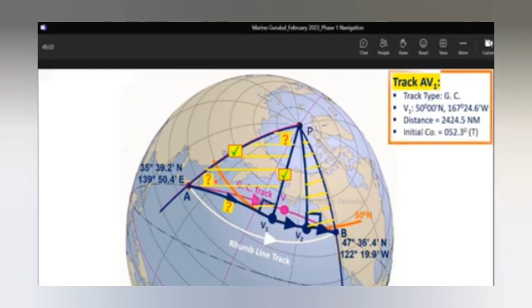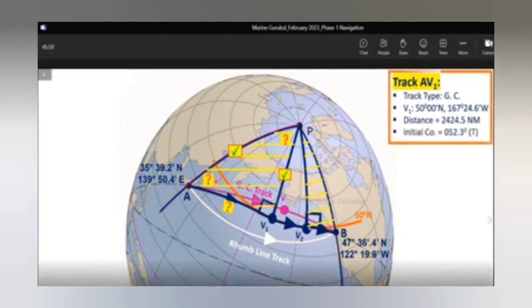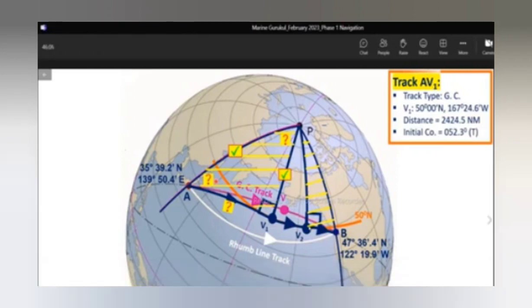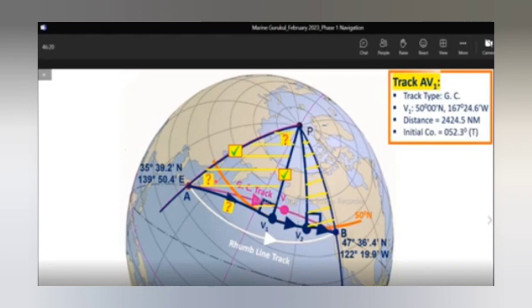Exactly the same way. So beta, you see we have applied Napier's rule in triangle P A V1, and using Napier's rule, two parts known to us, we can find out all the other parts of the triangle, giving us these three things where you see question marks. So angle P is calculated, distance AV1 is calculated, angle A is also calculated.